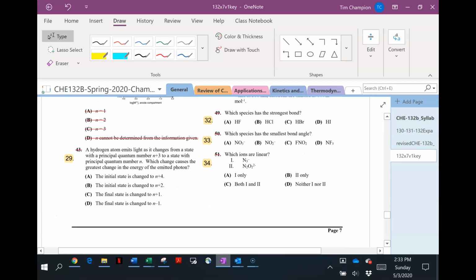All right, looking at the Bohr atom here, the hydrogen atom emitting light. It's going from n+3 to a state n, and we could either have it go from a higher state, go from a lower state, go to a higher state, or go to a lower state. So you have to remember how the spacings go for those energy states in the Bohr model.